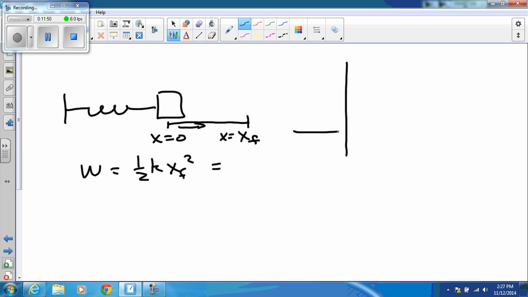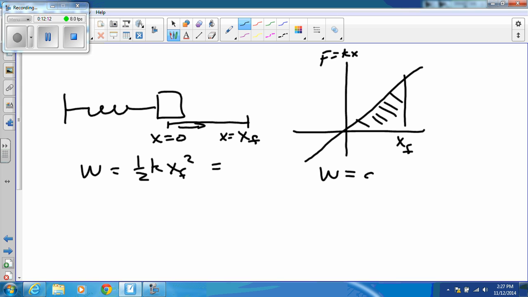Where'd you get the formula? We got this from area. So my spring force is kx from Hooke's law. And I'm going from 0 to x final. So the work done is the area under the curve, just like so. And that shape is a triangle, right?